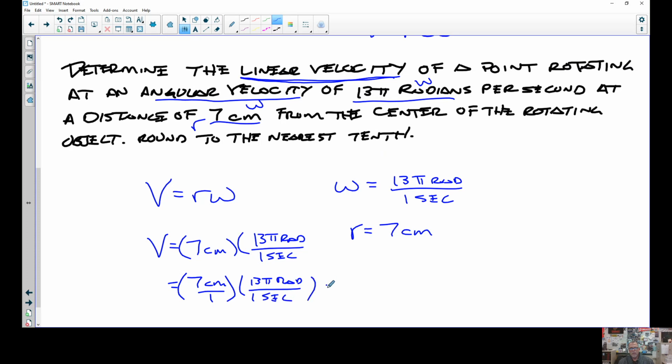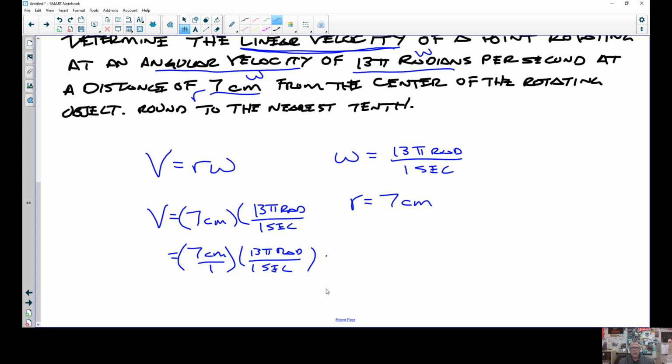So when we multiply this out, what we end up with is 7 times 13 pi. 7 times 13 times pi is 285.88, so we'll call it 285.9.